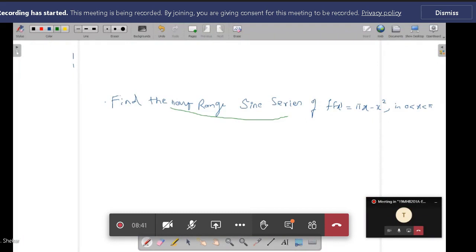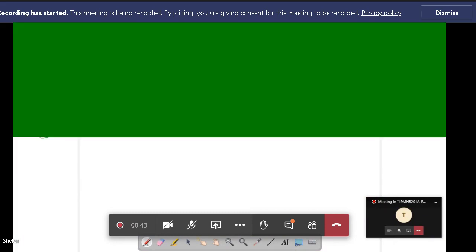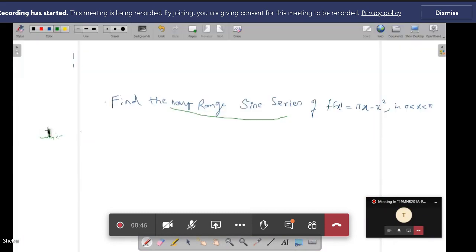The definition for half-range sine series is, we have half-range sine series. So I hope you have remembered that f of x contains only sine terms.